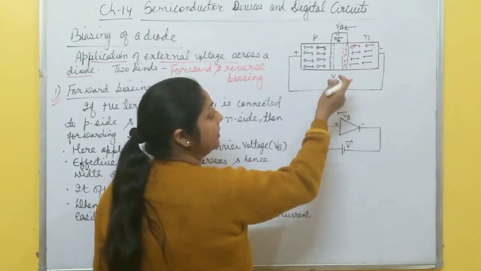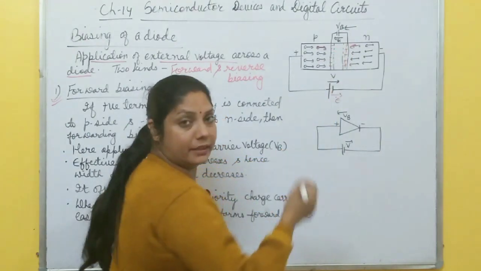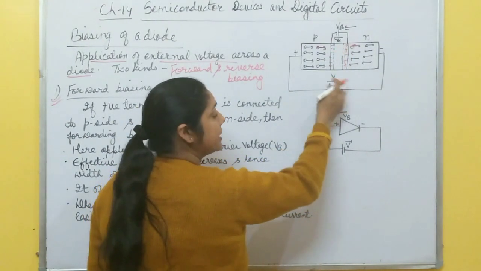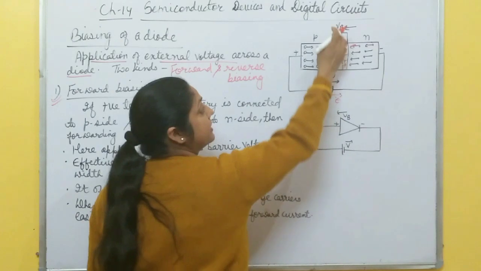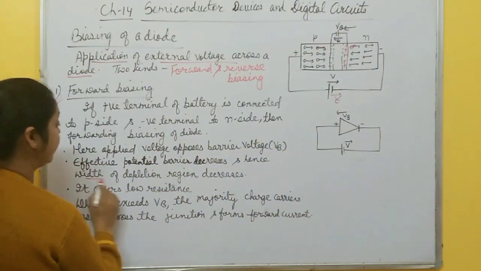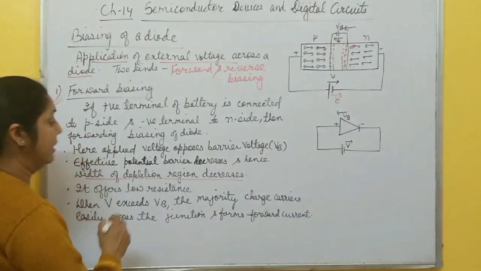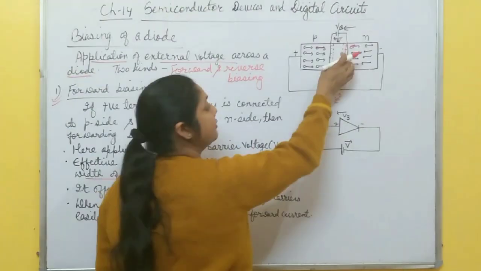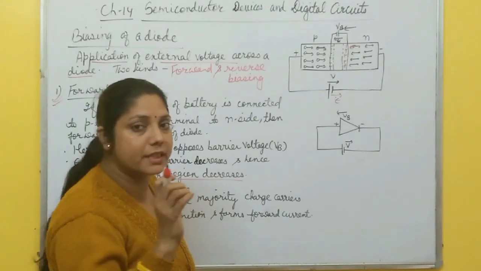Now due to this, the potential barrier decreases, and when you increase the external voltage so that it exceeds the barrier voltage, the width of the depletion region decreases, and due to the decrease in width of this depletion region, it offers low resistance.